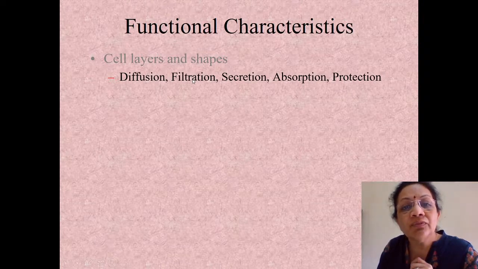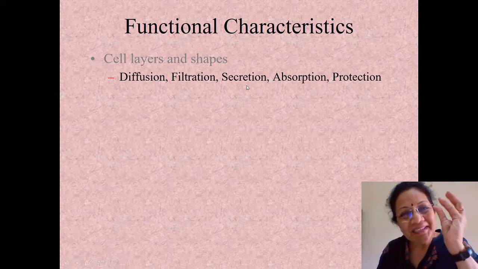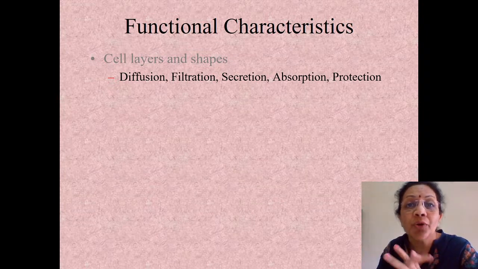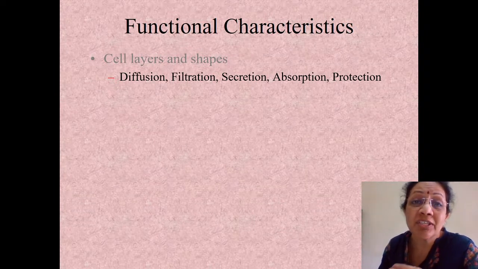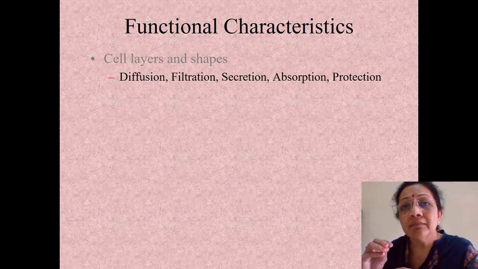Similarly, it allows for filtration. For secretion, you need a more chubby cell so that there is more cytoplasmic space. There should be space for the organelles to do their thing. So you need endoplasmic reticulum for the protein components. You need vacuoles.